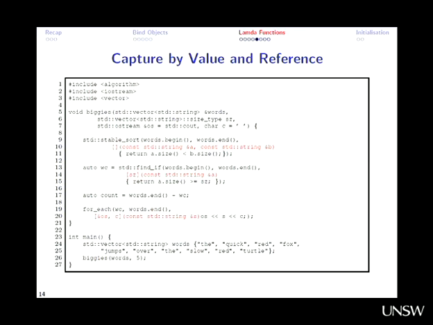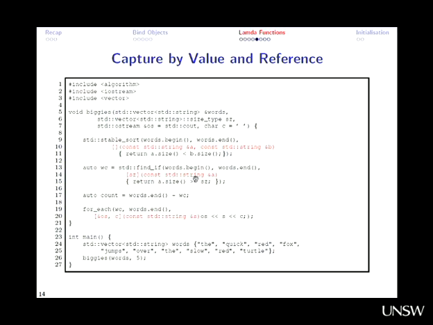On lines 13 through 16, I have a variable I'm declaring called WC, word count, and it's using find if, and here's the lambda function. It's copying in SZ, which was defined up in the function parameters, so we have value 5 as SZ.